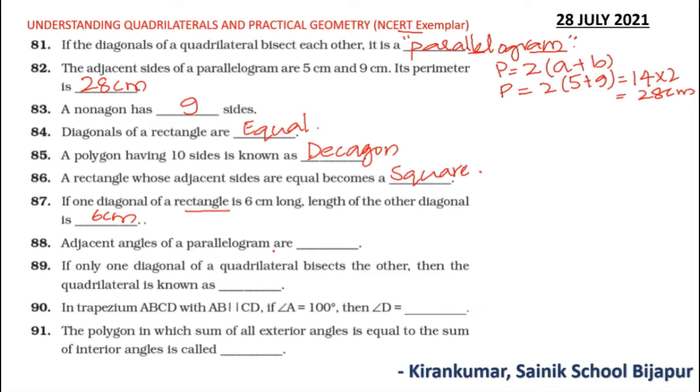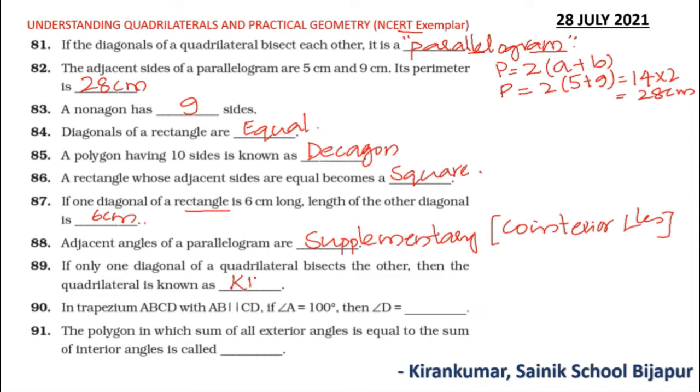Adjacent angles of a parallelogram are supplementary, because these angles are co-interior angles. Question 89. If only one diagonal of a quadrilateral bisects the other, then the quadrilateral is known as a kite.